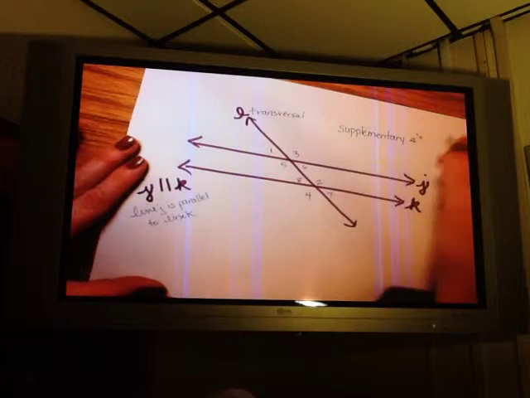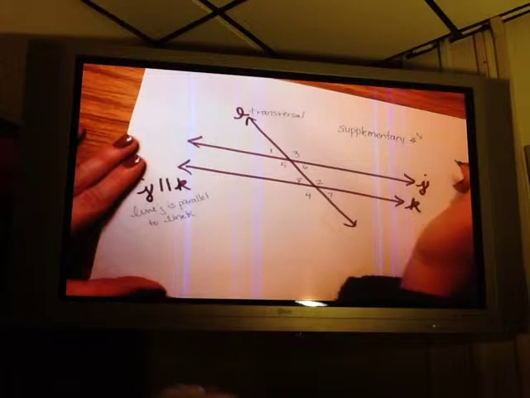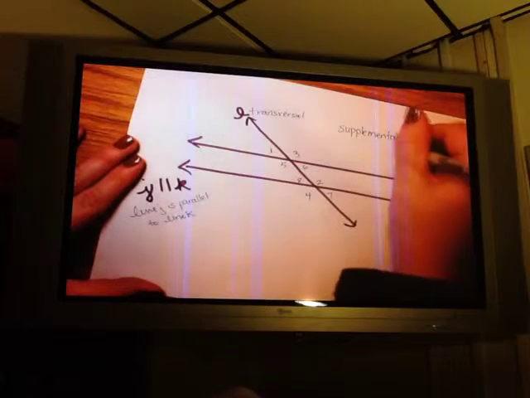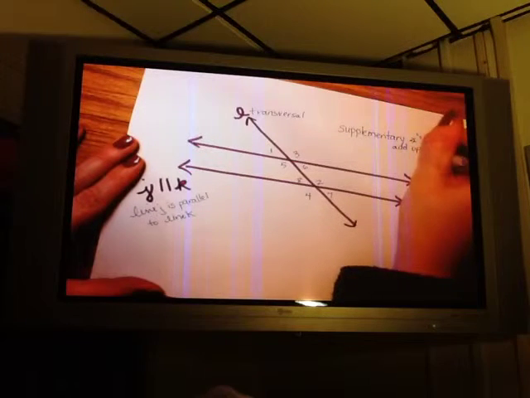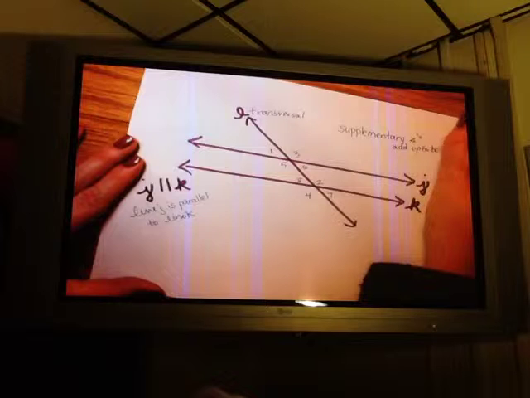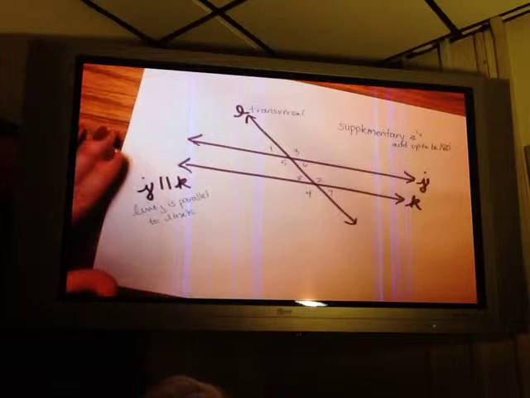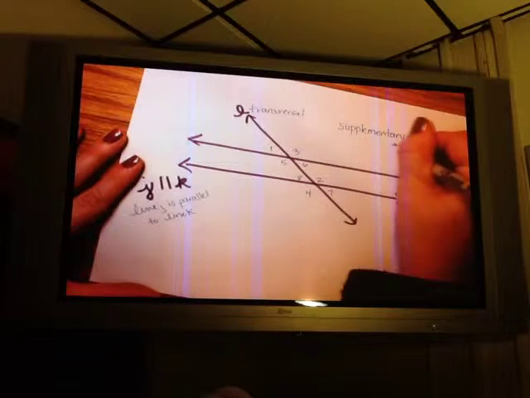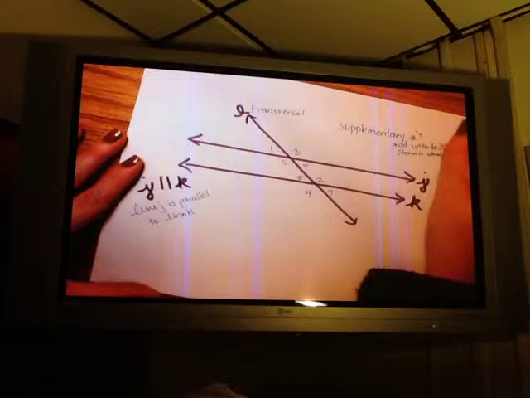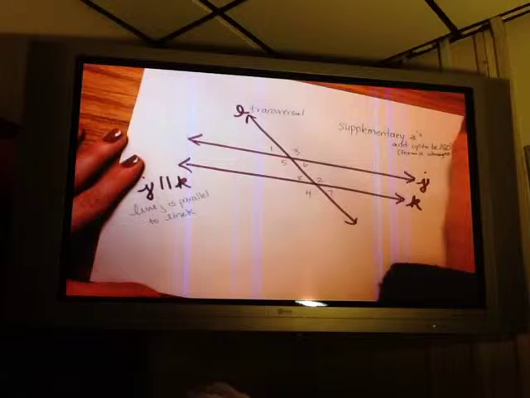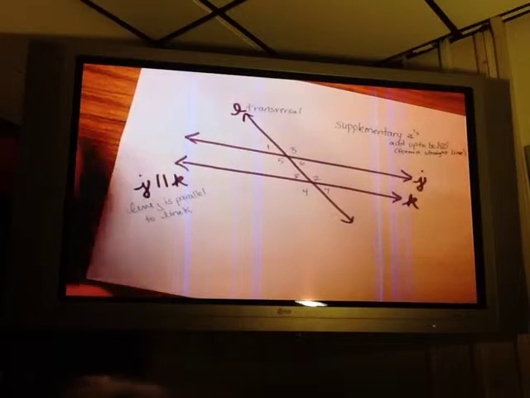Supplementary angles, does anybody know what they add up to be? 180. Yeah, they add up to be 180 degrees. And these form a straight line, because straight lines are 180 degrees.